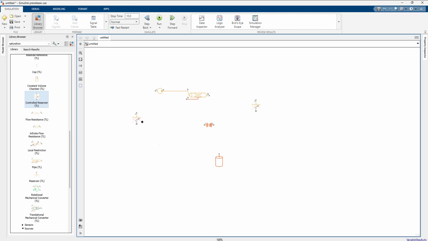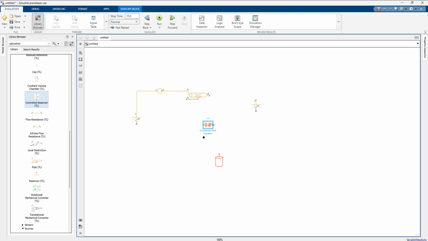And the heat source for this system, we should connect to the pump, which we can see as a flow rate source, and then connect this component to the heat exchanger.